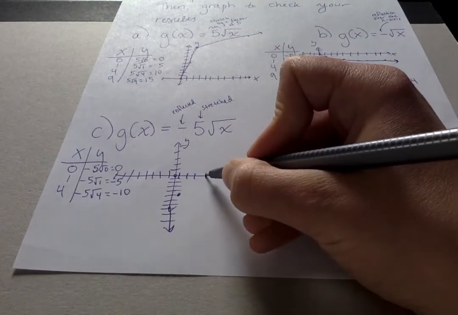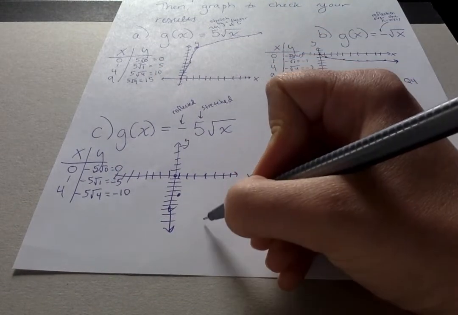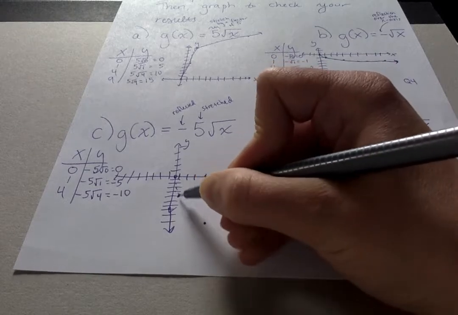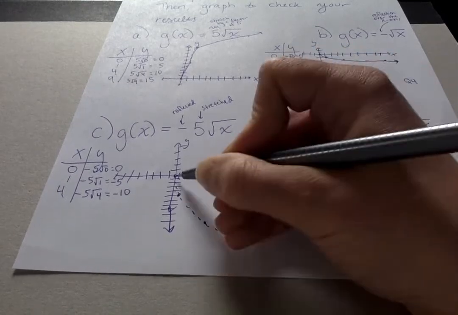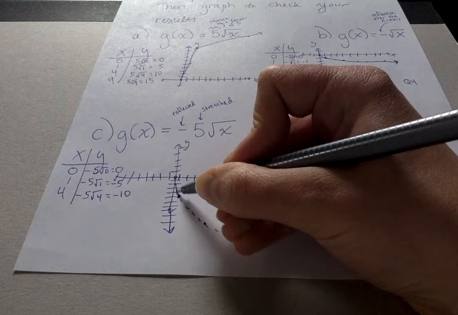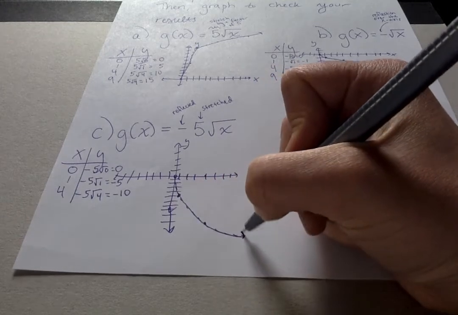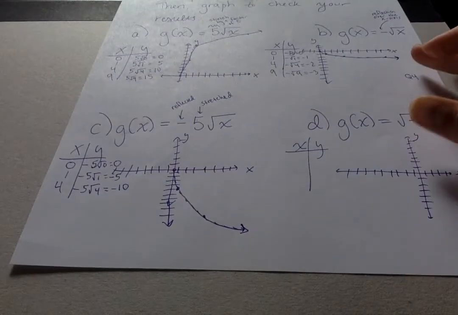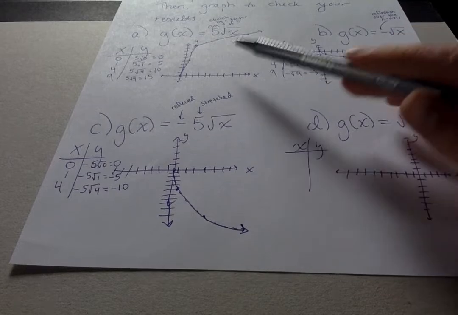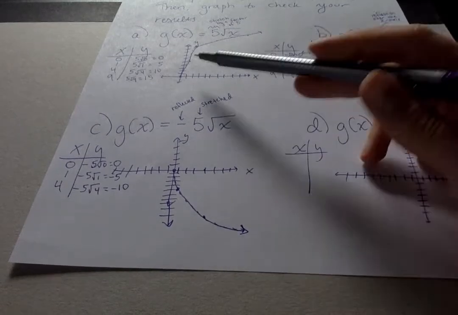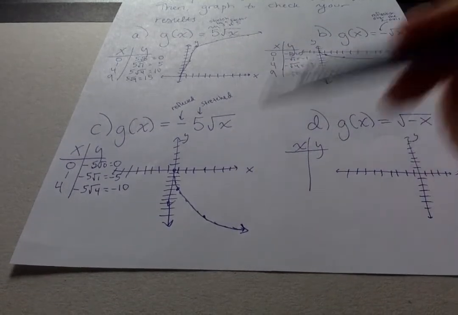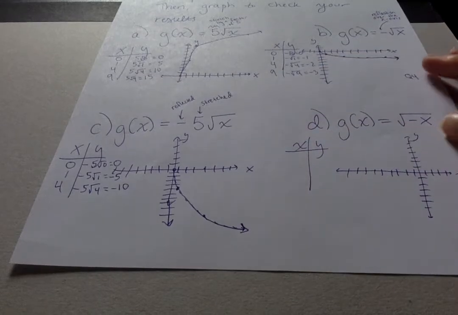So I have 4, negative 10. And then I connect the points and we see it's not only stretched, but it's also reflected over the x-axis. It can be really nice to compare with our first two. It's really both of these together. It's both stretched and reflected.